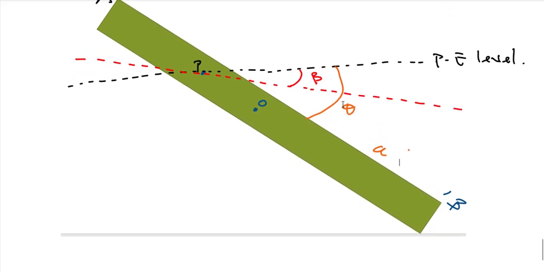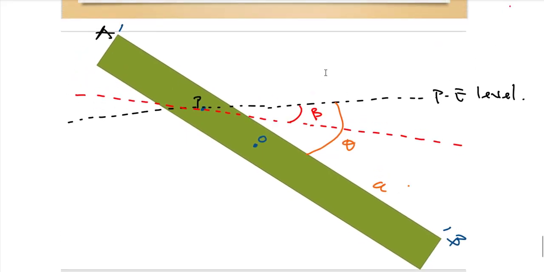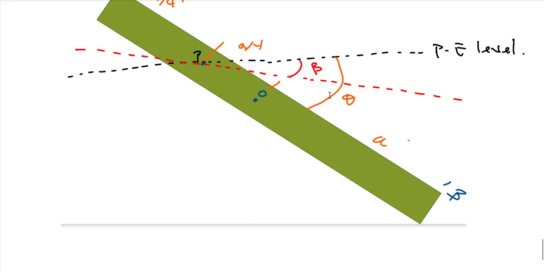Okay, so that's a little bit what we mean. Notice the distance from P to A is 3/4 a, and the distance from O to P is a on 4. Now we are going to resolve forces on our rod.